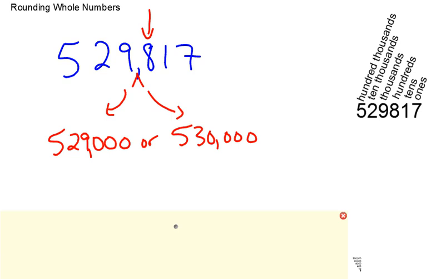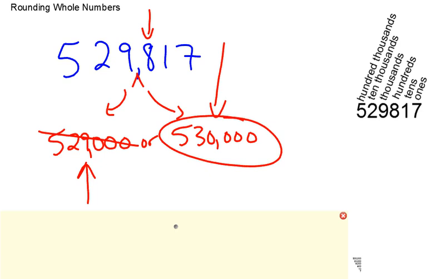And if that 8 is 5 or greater, we go to the higher one. And if the 8 happened to be 4 or 3 or 2, we'd go to this lower one. So that's what we're trying to decide on. In this case, the 8 has us go with the 530,000. So when we're rounding this number to the thousands, it is 530,000.